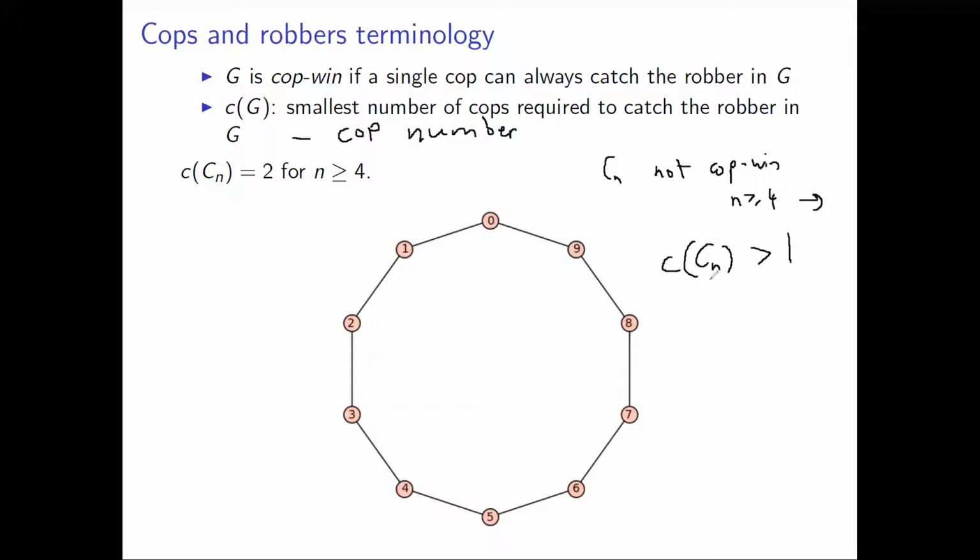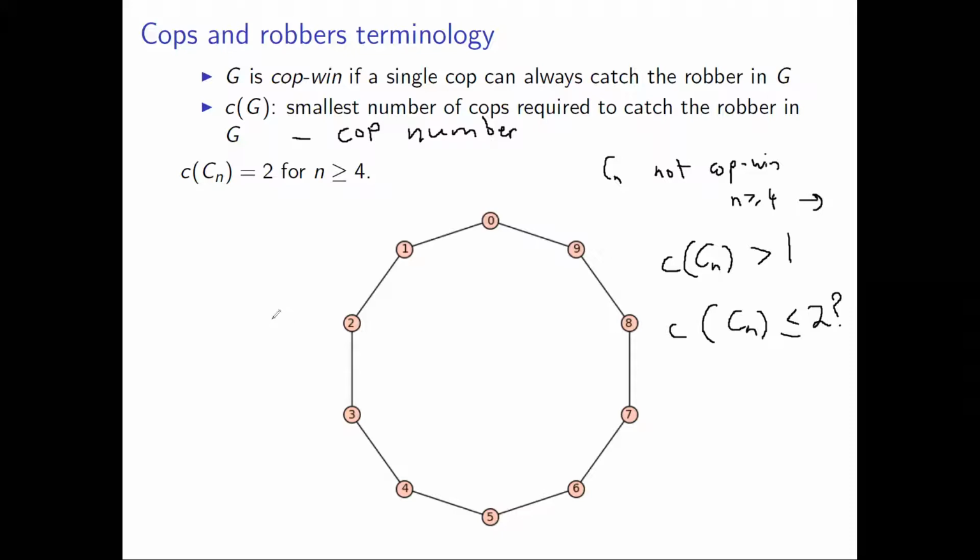So we know the cop number of Cn is greater than 1. And we can prove that it equals 2 by seeing that it's less than or equal to 2. And to see that, all we have to do is provide some strategy that 2 cops can use on Cn that can guarantee that the robber will be captured.